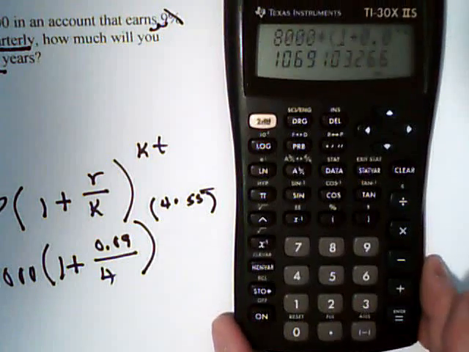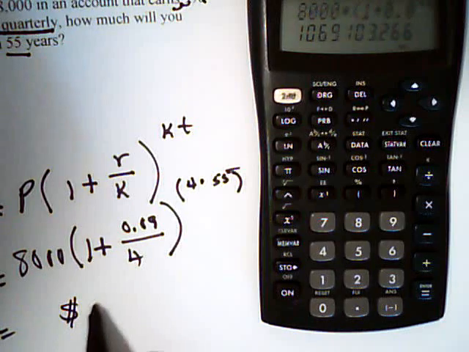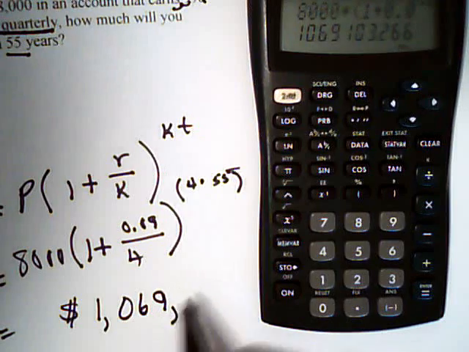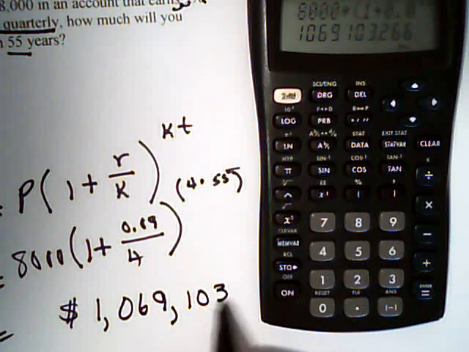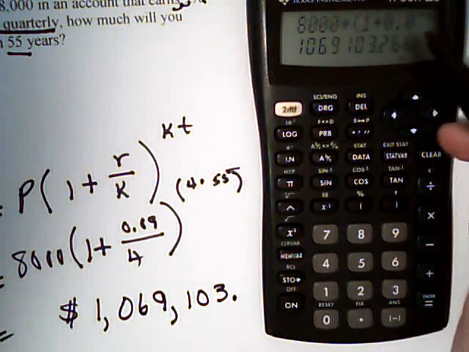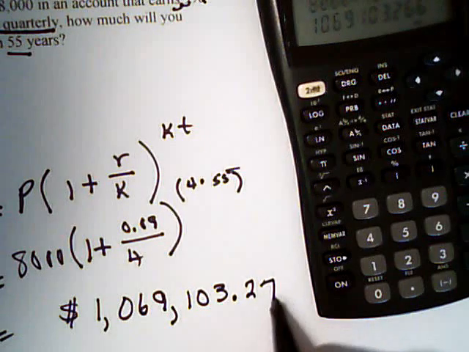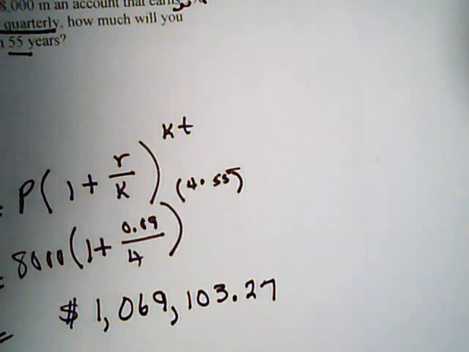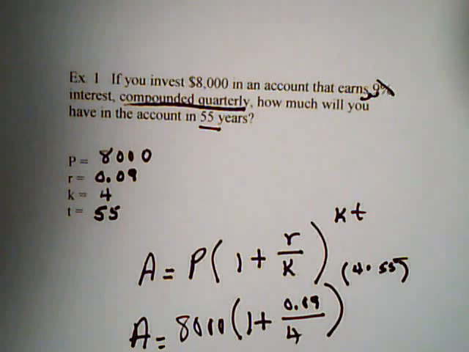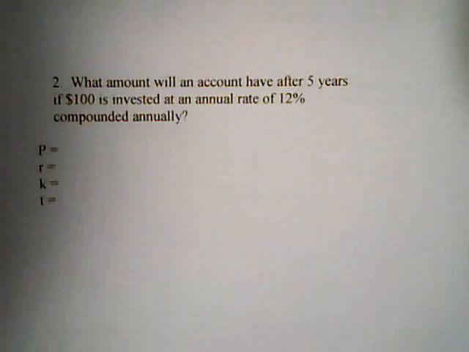Now remember, we're talking about money, so when I write my answer, that's going to be $1,069,103, and remember dollars and cents, so that 266 would change to 27 cents. A lot of money, but remember you had a wonderful interest rate. That was 9%, and you left that for 55 years, which is quite a time.